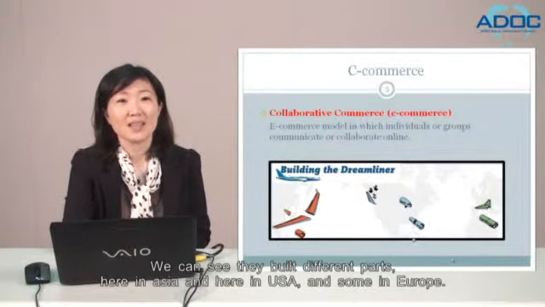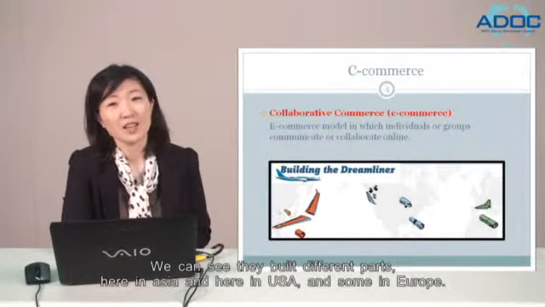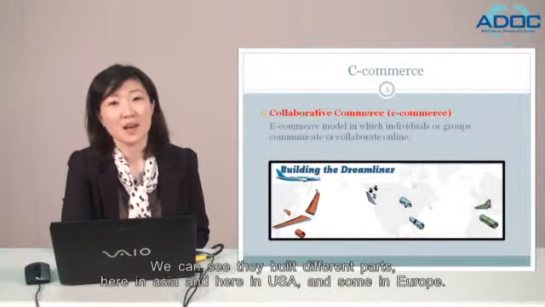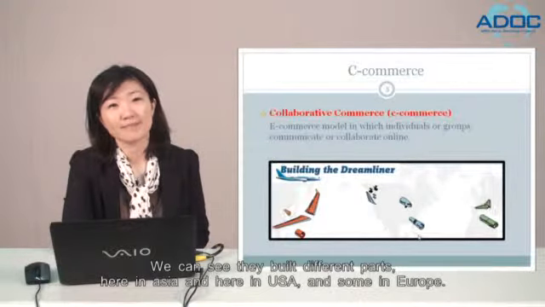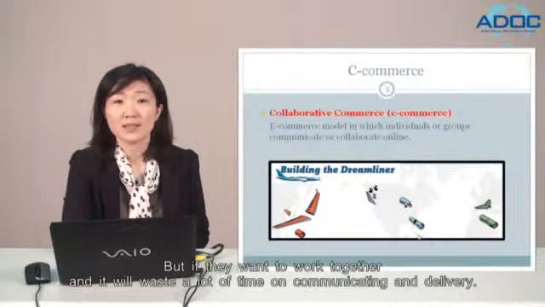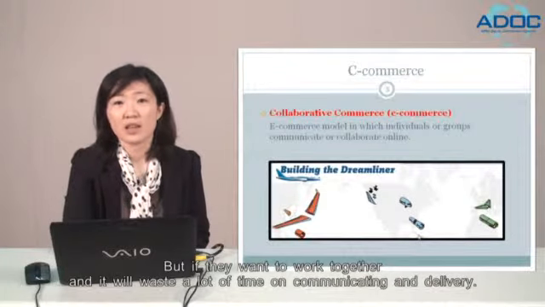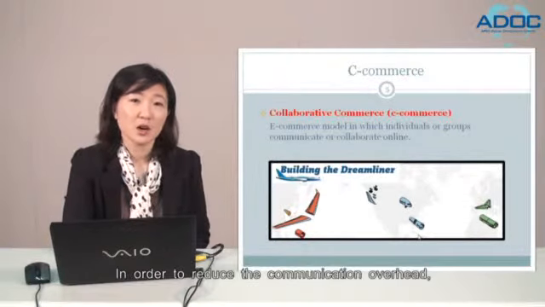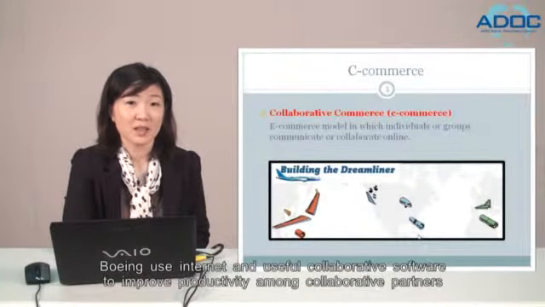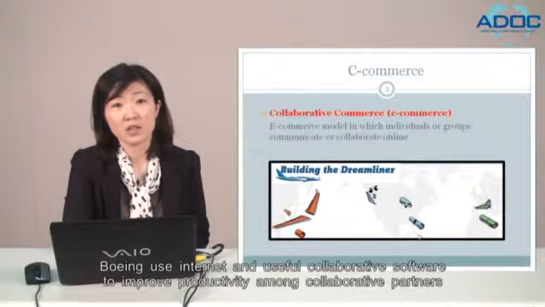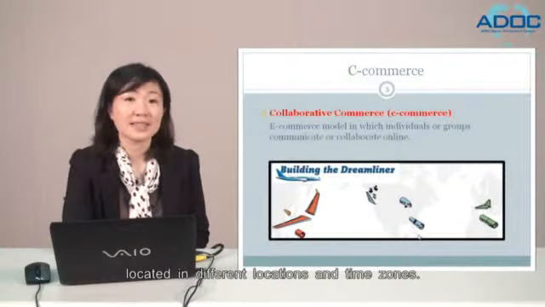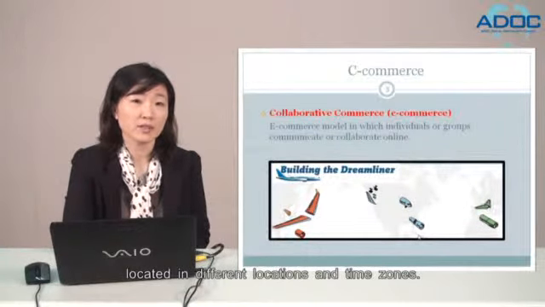We can see they build different parts here in Asia and here in USA and some in Europe. If they want to work together, it will waste a lot of time on communicating and delivery. In order to reduce the communication overhead, Boeing used the internet and useful collaborative software to improve productivity among collaborative partners located in different locations and time zones.